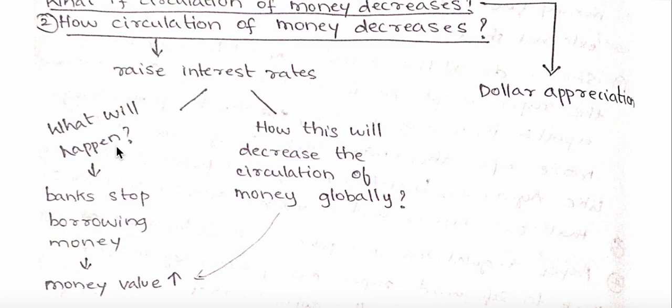When the central banks raise the interest rates, normal banks stop borrowing money, and the normal banks also will raise their interest rate as there will be a shortage of money for them as well. Like this, when the central bank raises interest rates, the circulation of money decreases and the value of money rises.